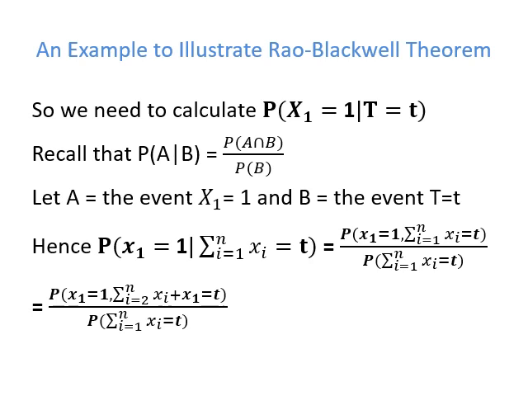We are going to assume that A is equal to the event X1 equals 1 and B is equal to the event T equals t.